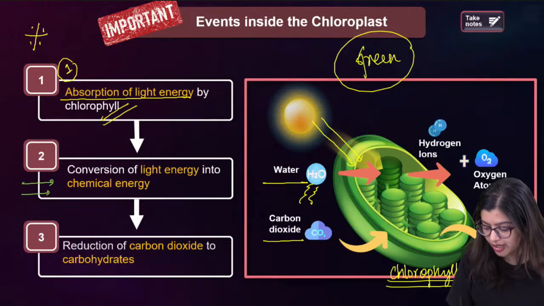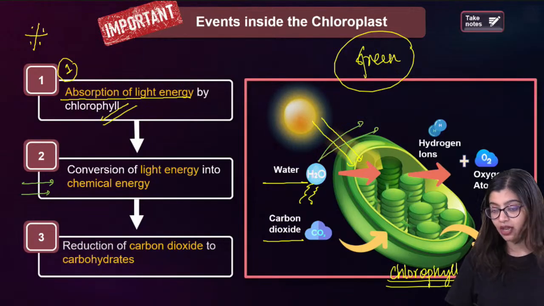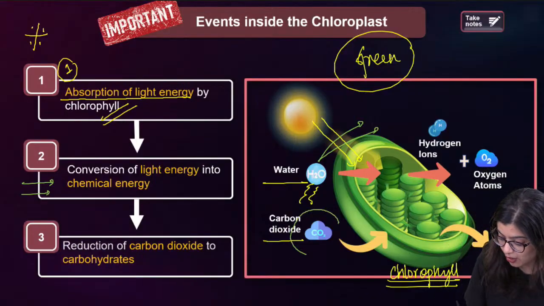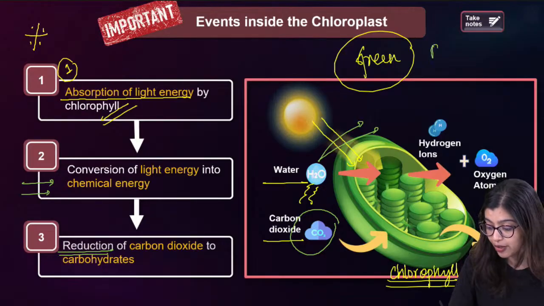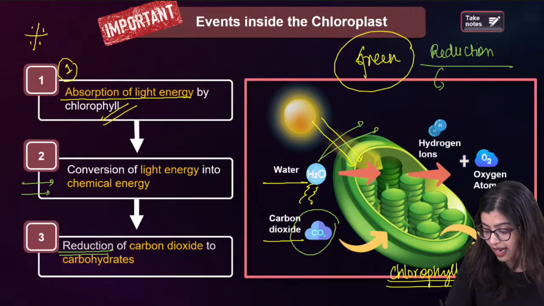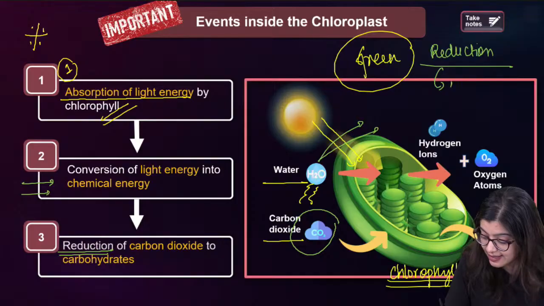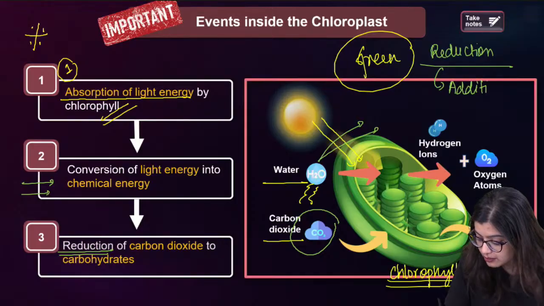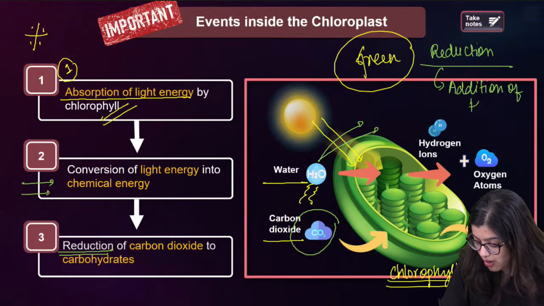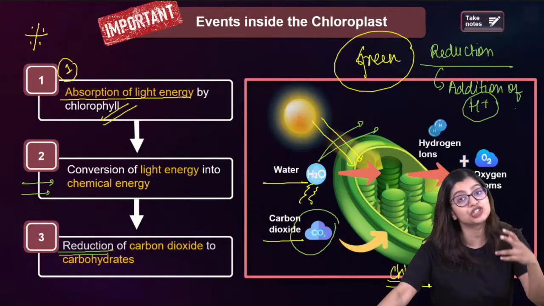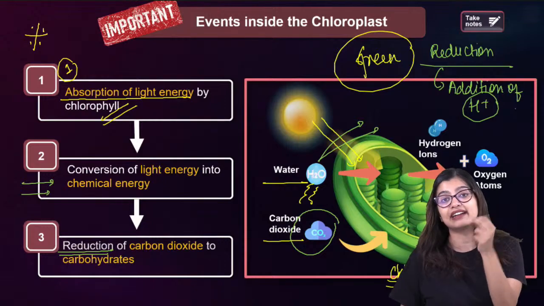So here from your water molecules, you've got your oxygen. Now through a series of reactions, we see that this carbon dioxide gets reduced. Now remember I told you what is reduction? Reduction is a chemical process wherein either there is removal of oxygen or addition of hydrogen, right? So if there is addition of hydrogen ions, we say that it is reduction.